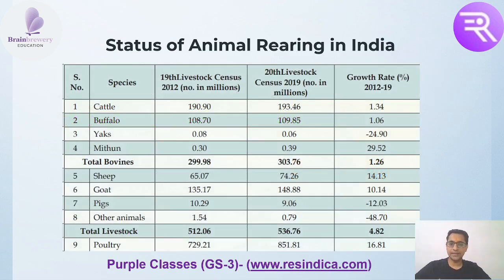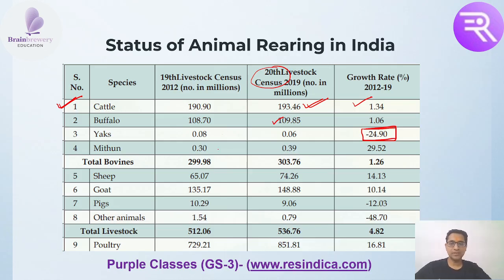If we go by species, in the 20th census we have 193.46 million cattle, a growth of 1.34%. Buffalo is 109 million. In yak, we have seen a declining growth rate of minus 24.90%.